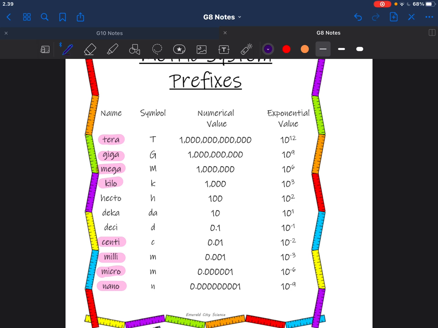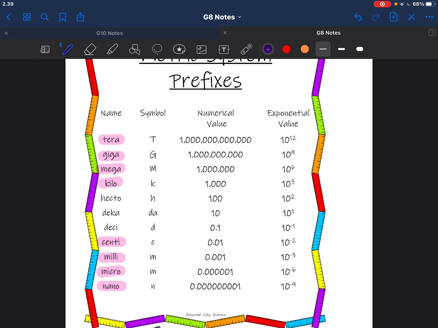And centimeters or centipedes, centi means 10 to the power of -2 or 0.01. In other words, centi means 100, but it is smaller than 1, so it is 1 over 100. And milliliters would be 1 over 1,000 or 10 to the power of -3, which is even smaller.